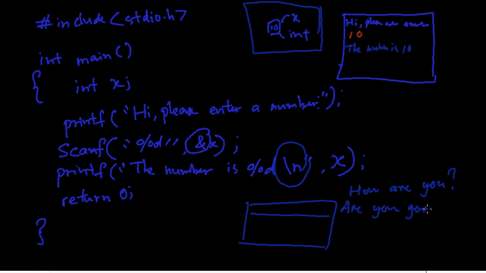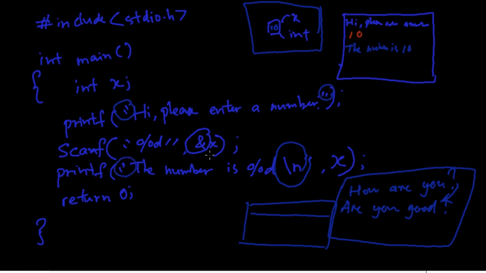Are you good? Let's assume that these both are in printf. For me to get an output like this, I will need to use \n, think of it as an enter key to come down to the next line over here. Now \n makes things neater. \n can be used anywhere, only in printf, anywhere in between these two double inverted commas.